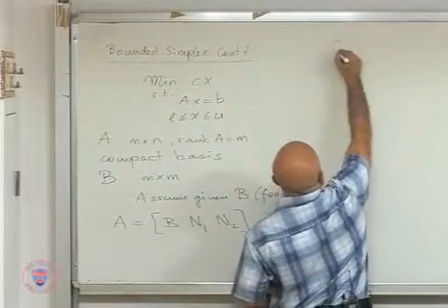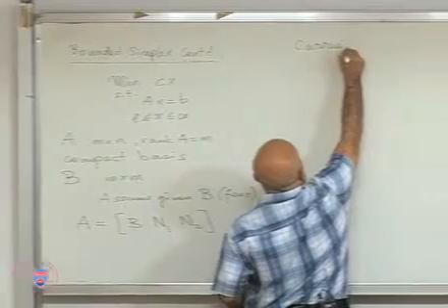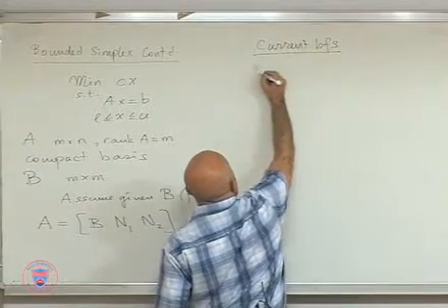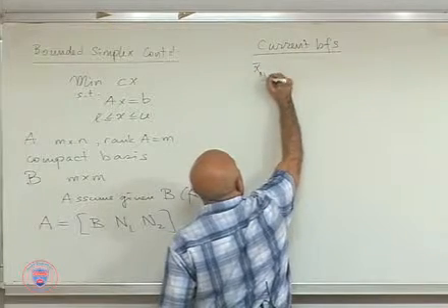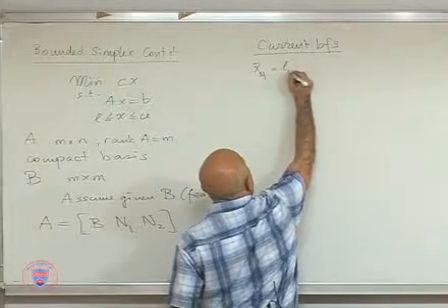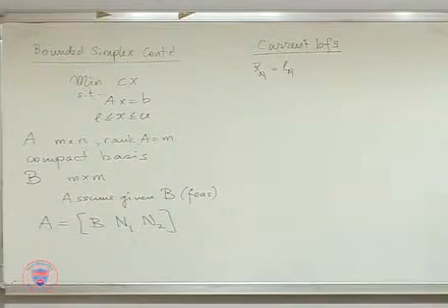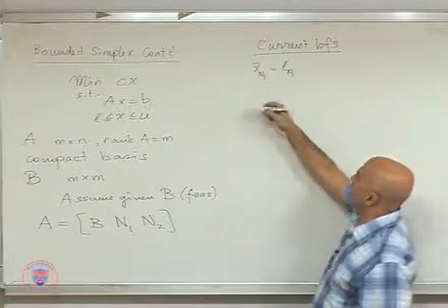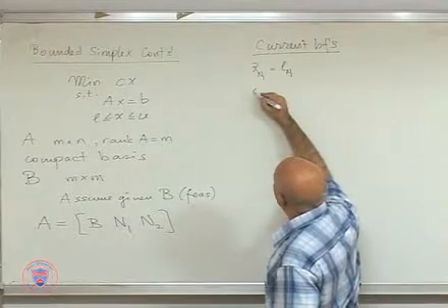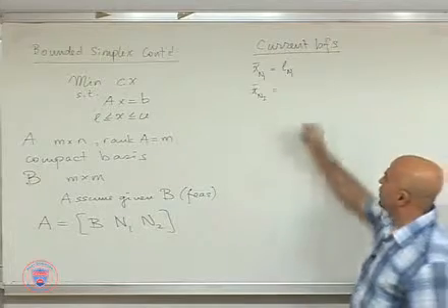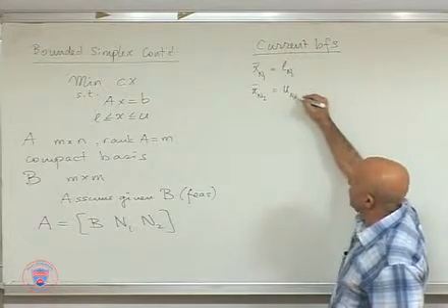So the current basic feasible solution is obtained by taking the variables associated with N1 equal to their lower bounds, and the variables associated with N2 equal to their upper bounds.